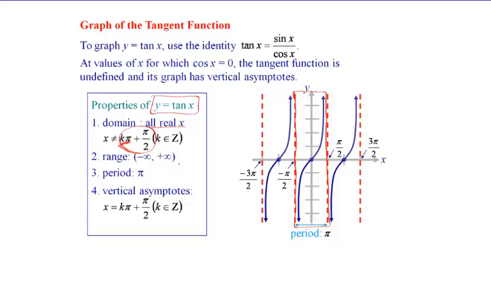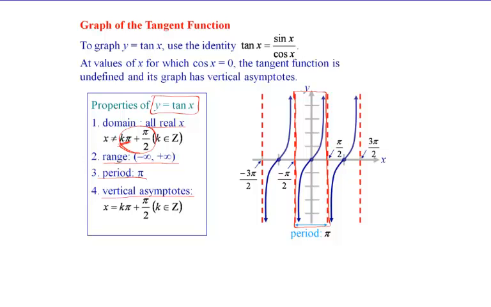And the range is negative to positive infinity. We know that tangent repeats its behavior every pi along the horizontal axis. And we have vertical asymptotes on all values that are not contained in the domain.